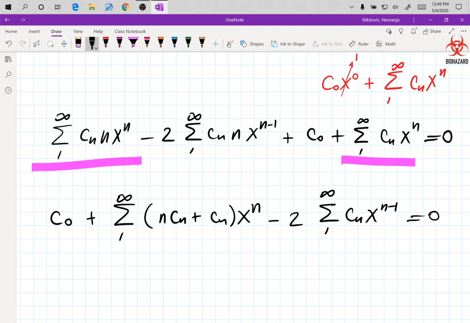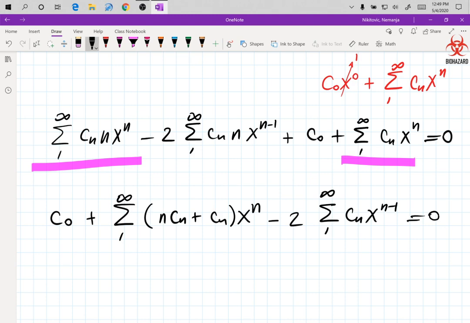So now what is left is to combine these two together, and now we are going to have to do some shifting the counter and some other magic because, see, the powers don't match. So when I shift the counter to match the powers, the counters on the bottom are going to shift as well, right?